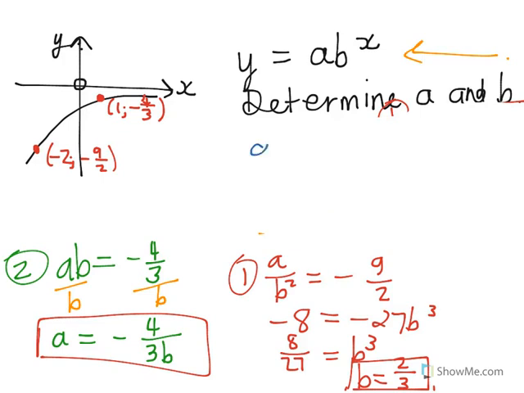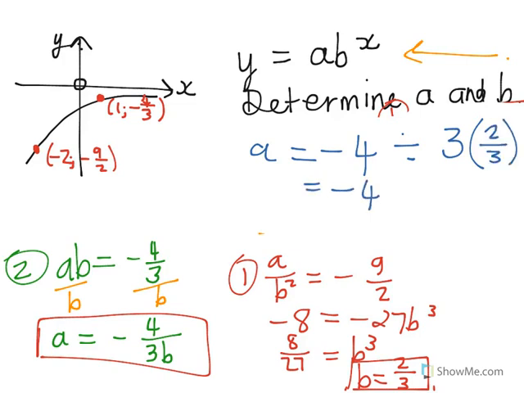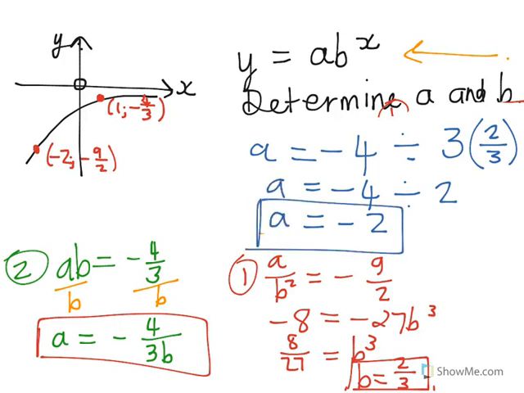So you would have a is equal to negative 4, and because b is a fraction, 4 divided by a fraction, I'm just going to write it out as a division: 3 times 2 over 3, and that would be negative 4 divided by 2. And that would just be negative 2. Visually that makes sense as well. You've got b is equal to 2/3 and a is equal to negative 2.